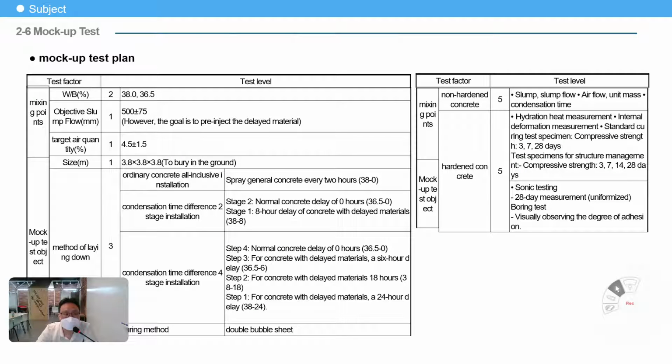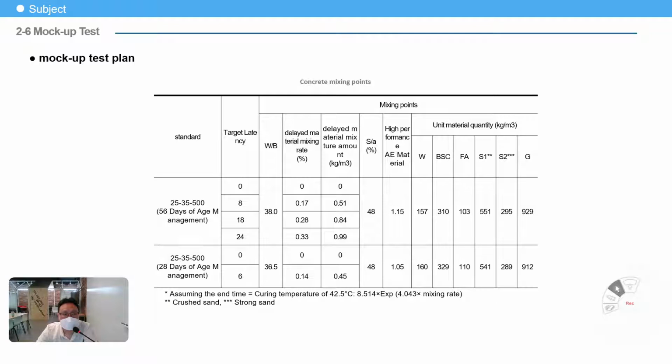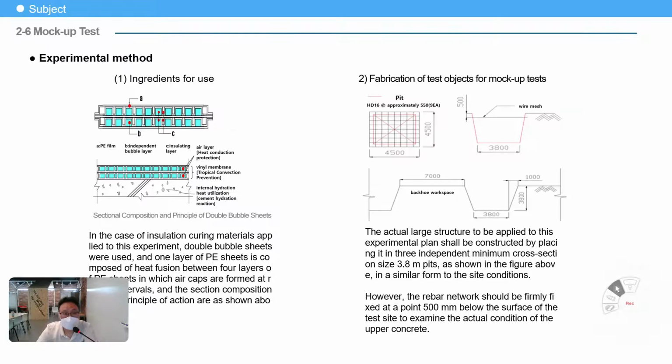This is the model test plan, test level, and test factor. This is the concrete mixing design. The experiment method is ingredients for use and replication of the test object for the model test.